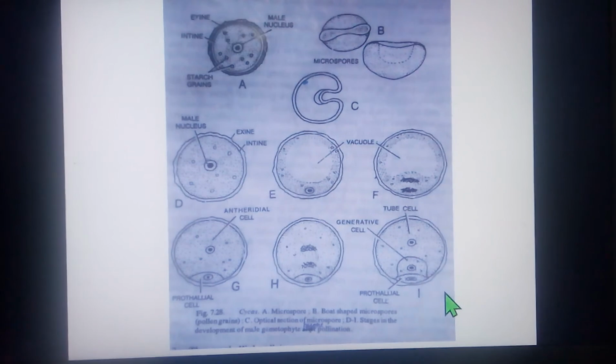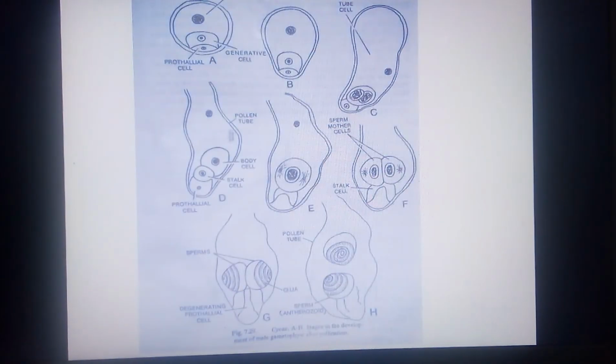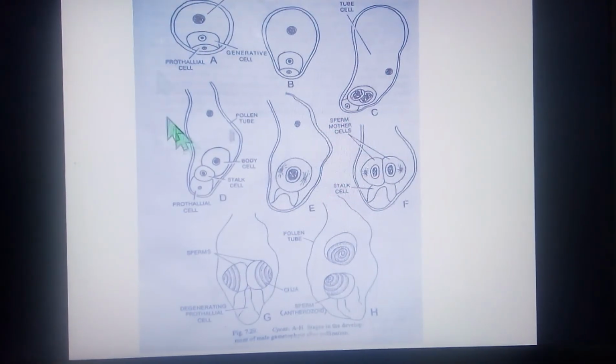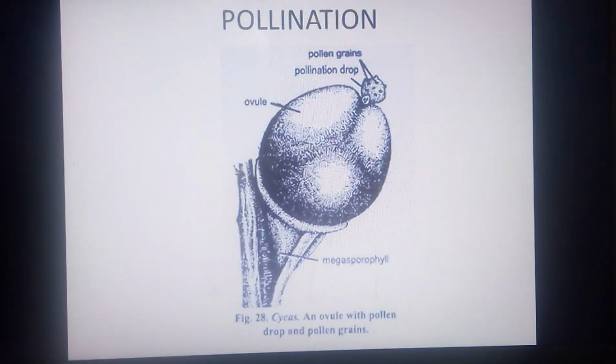So now, before looking at the development of the male gametophyte after pollination, that is inside the ovule, first let us take a look at pollination, how the pollination occurs, so that we can study the development of male gametophyte after pollination inside the ovule.